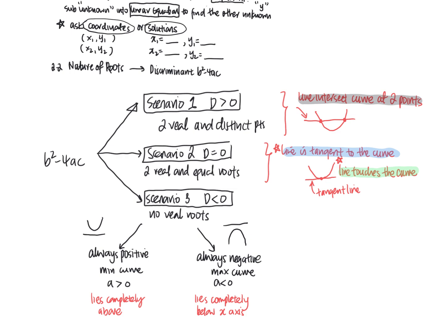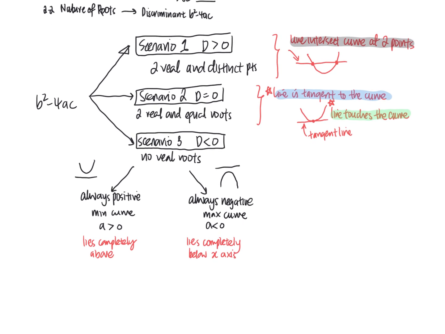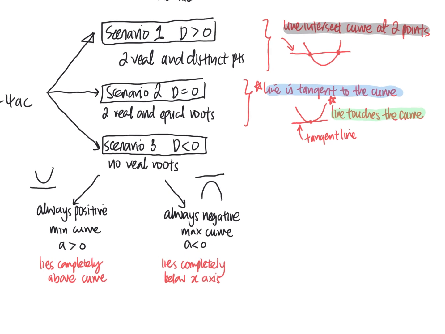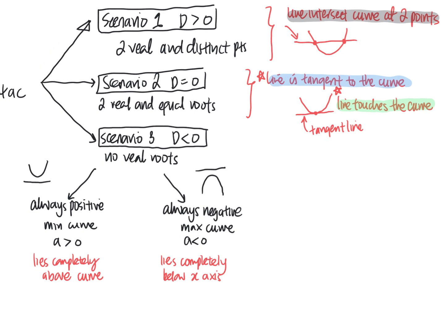And then of course the last two scenario is what I've written just now. Line lies completely above, no, curve lies. Need to enlarge, is it? Cannot see. Okay, so this one, to be precise, is curve lies completely above the line. Okay, I wrote wrongly.